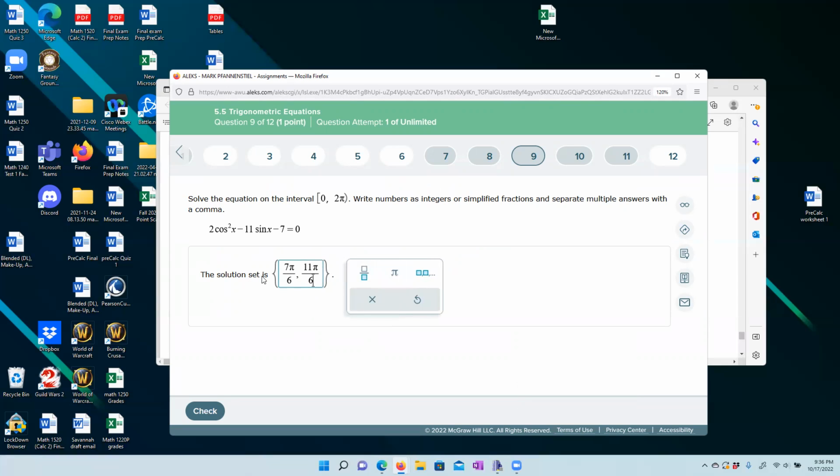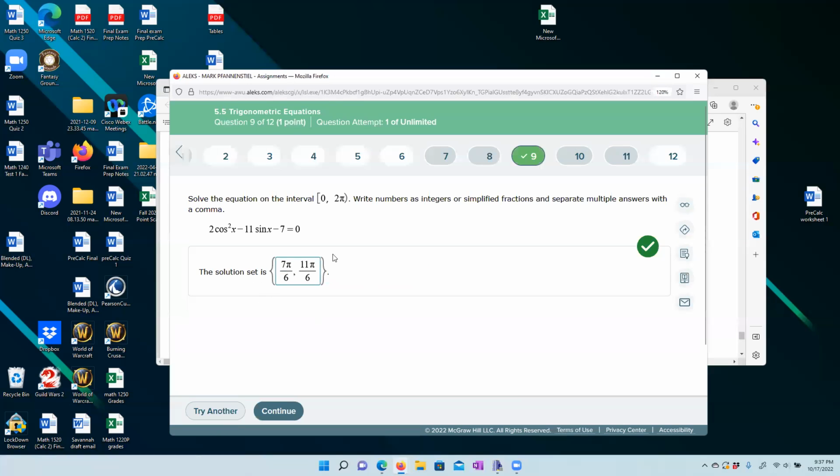That's our solution set for this one. Again, notice that the intervals are given in radians, so your answer should be in radians. We'll go ahead and check this.